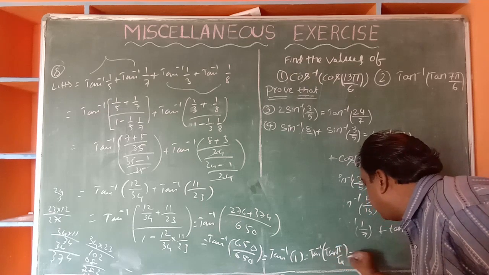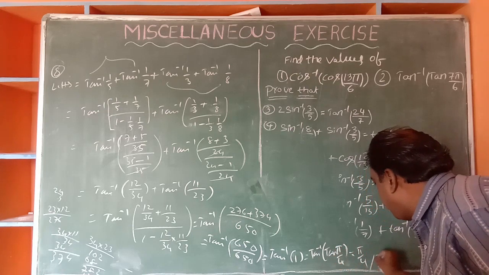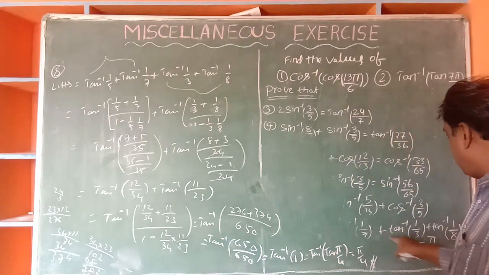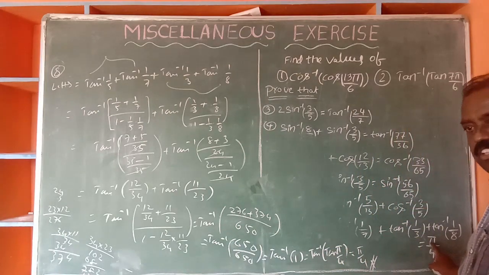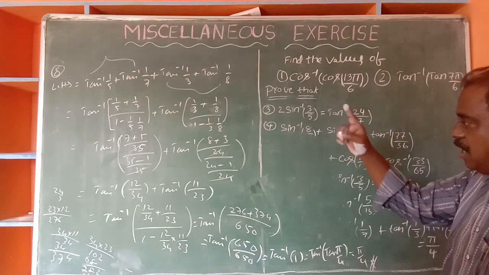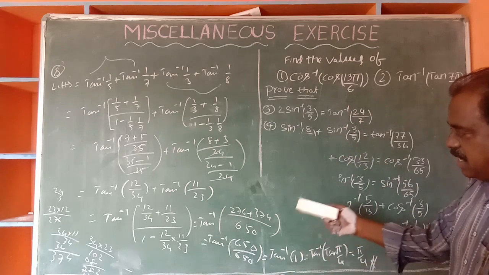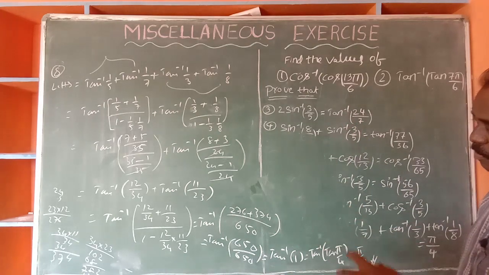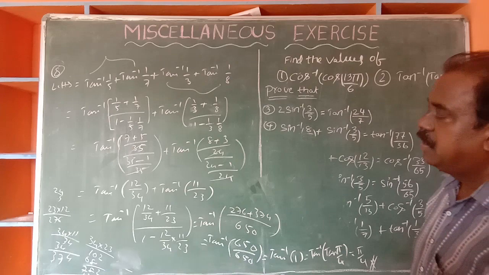Tan inverse cancels, we get pi by 4. That is what we have to prove in this 8th problem. Like this we have to solve, but the calculation is more. Be careful.